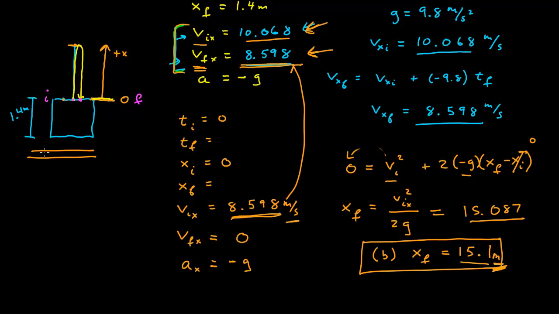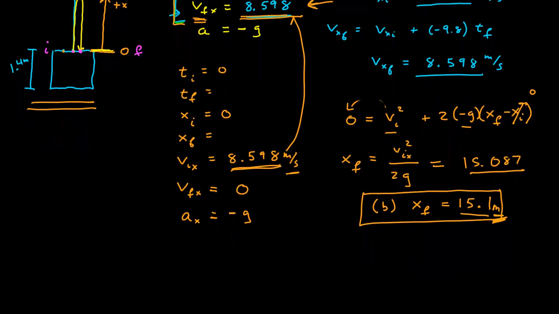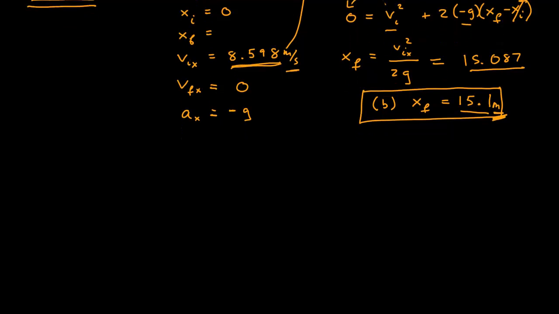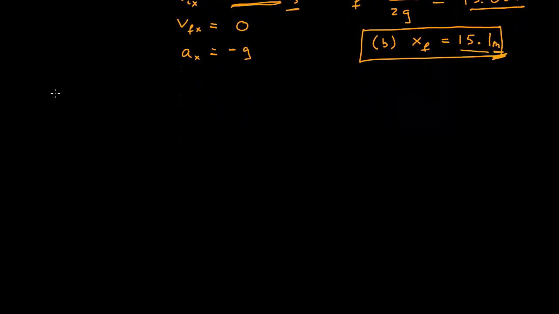All right, so what does that give me? I might resketch my window. So here I have, it comes up, comes back down, my initial, final, positive x up, here's my 0 at the top of the window.